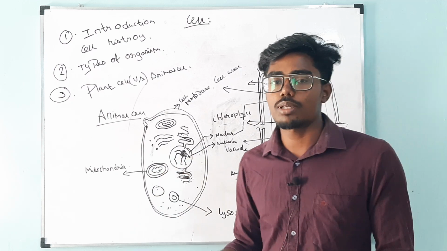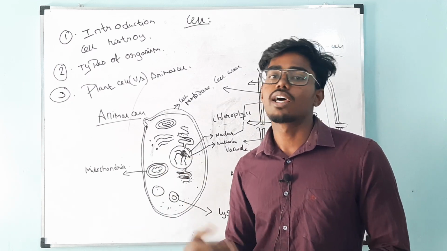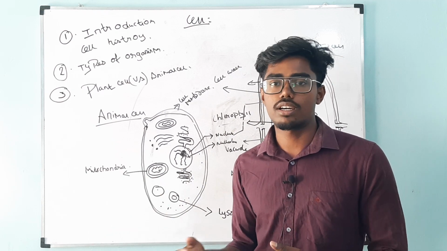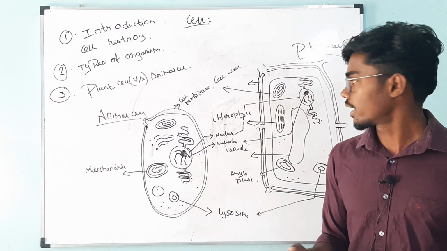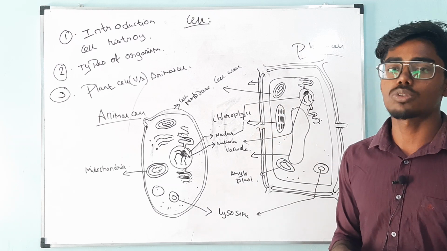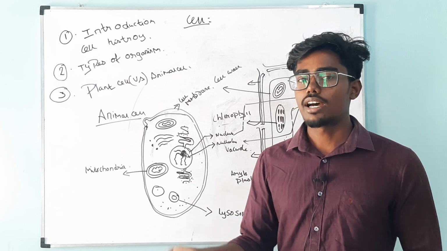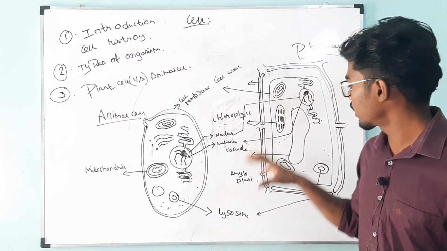The main function of the cell wall is protection against external factors, for example wind or external stress. Another important function is that it prevents osmosis. During sunlight, excessive heat causes evaporation of water inside the cells.